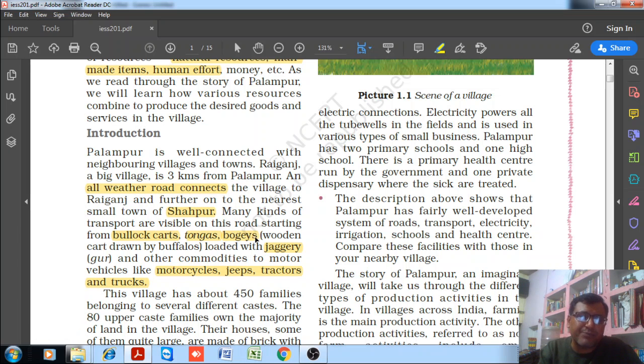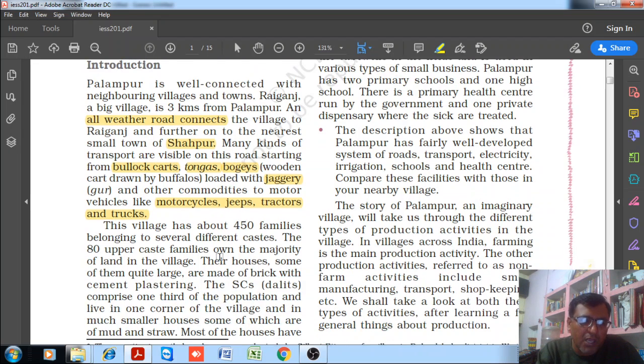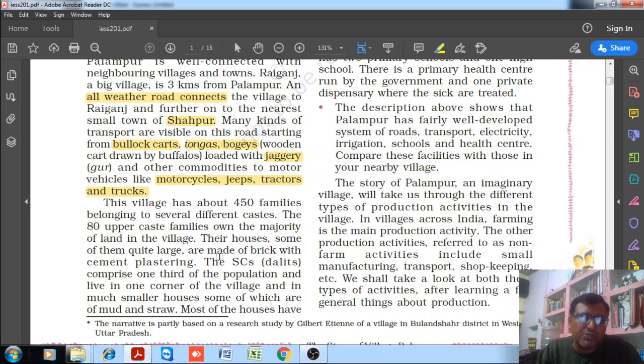Some of the vehicles are non-motor vehicles like buggies, tongas, and bullock carts. So these are the varieties of transport usually seen on the roads of Palampur and connected villages and towns. This is the kind of image you are being shown here, showing which type of village Palampur is.